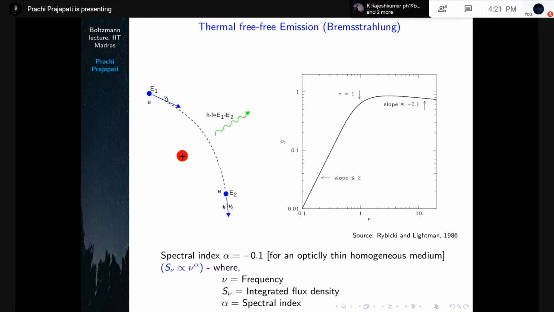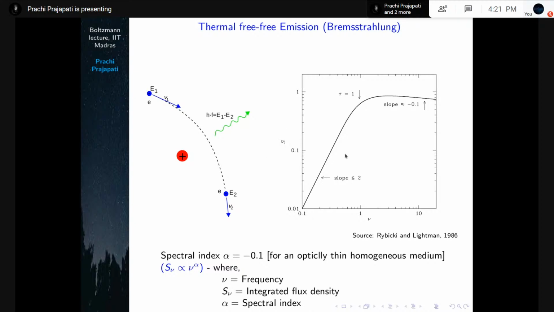Since the direction has changed, it's getting accelerated here. This change in energy gets compensated by an emission equivalent to that delta E. That is how this emission which is getting emitted is called thermal emission.